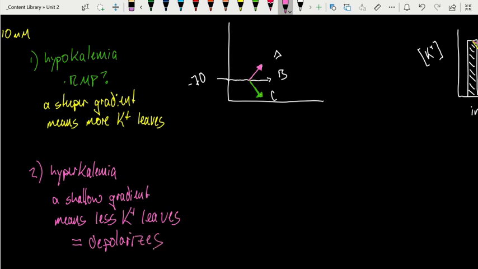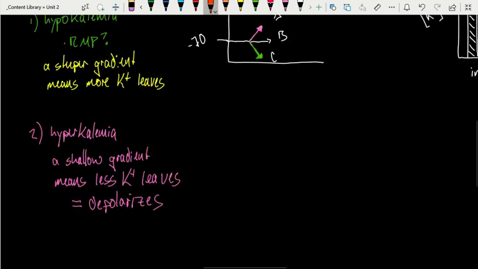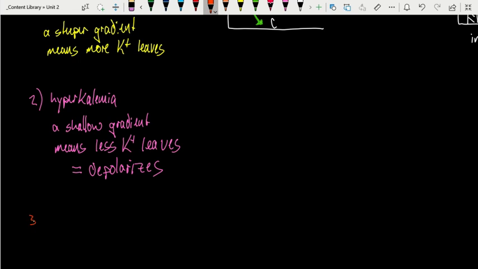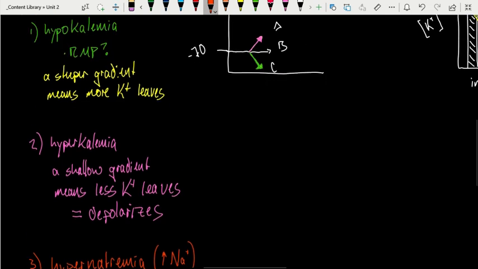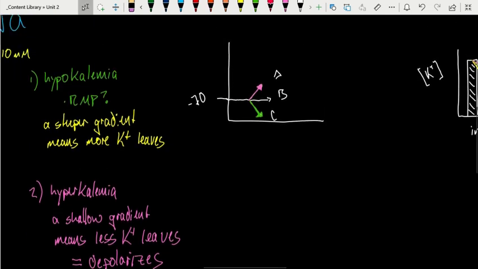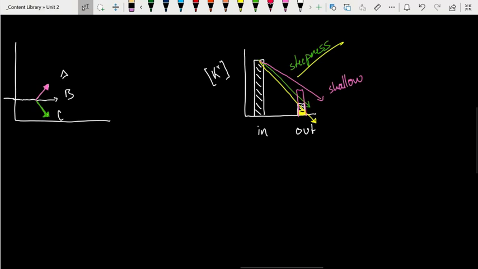All right, let's choose another ion and see how this might affect resting membrane potential. Let's now look at sodium. And let's say hypernatremia. This is going to be increased blood sodium levels. Well, if we go back to our picture, in fact, we could make another graph.